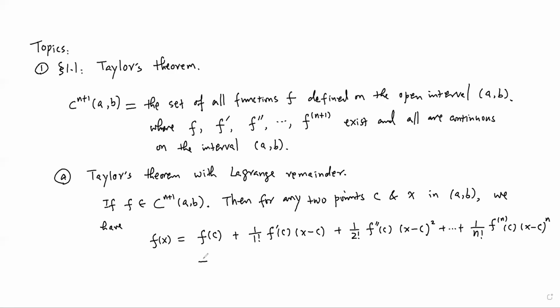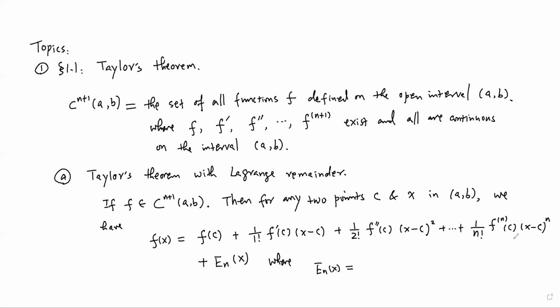The error term depends on n, also depends on X, also depends on C actually. Where the error term is called the Lagrange remainder.